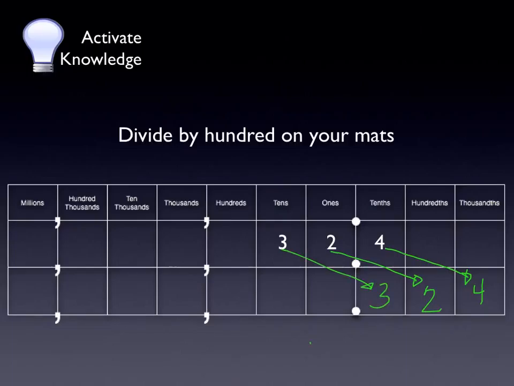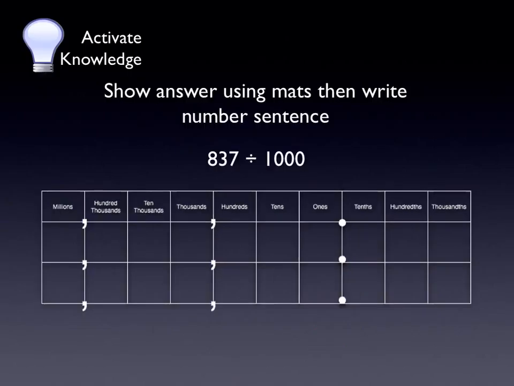And so now our number is 324 thousandths. If we have 837 and divide it by 1,000, we move 1, 2, 3 places. So now we have 837 thousandths.